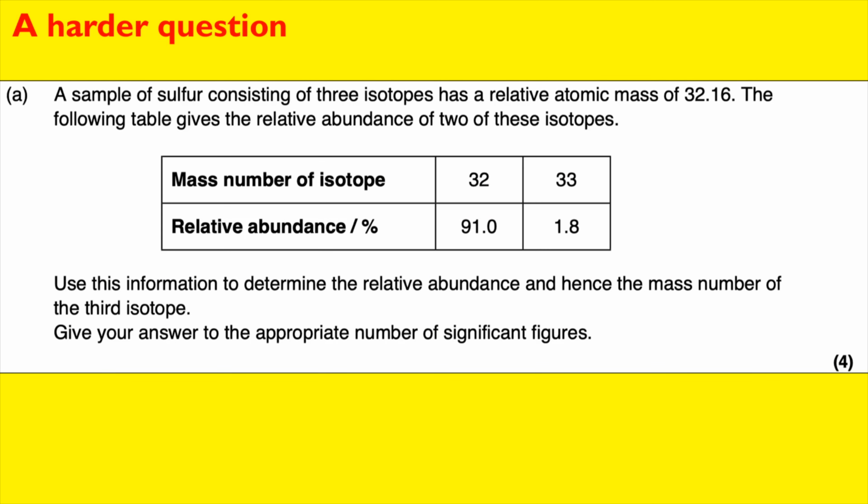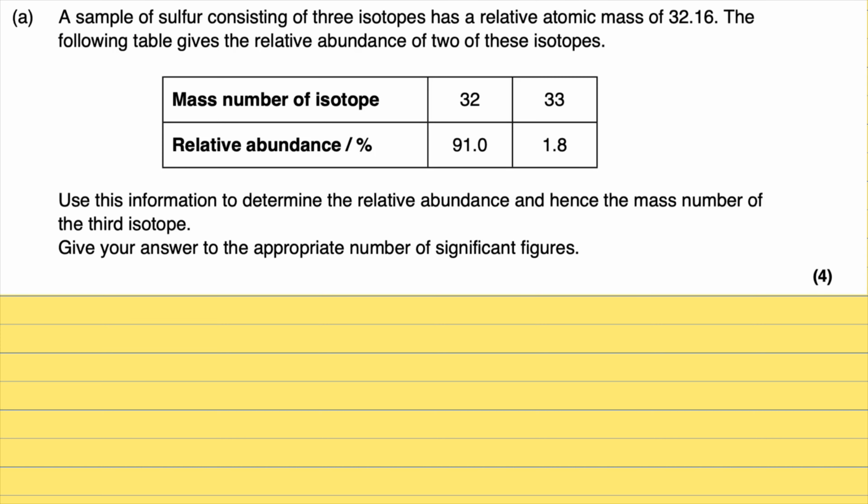So let's have a look at some exam questions now. This is a little bit of a harder question. We're told that a sample of sulfur consists of 3 isotopes, and has a relative atomic mass of 32.16. The following table gives the relative abundance of 2 of these isotopes.